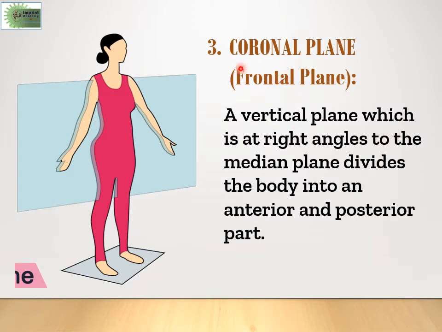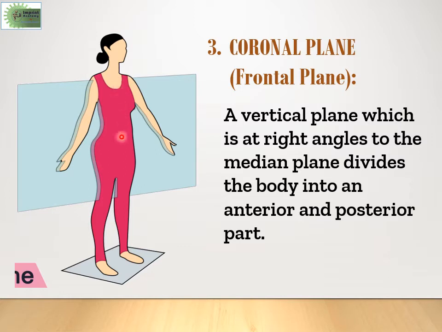Then another one is the coronal plane, or you can call it the frontal plane too. You can see in this picture, this is again a vertical plane at a right angle to the median plane.